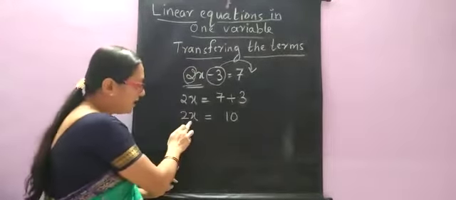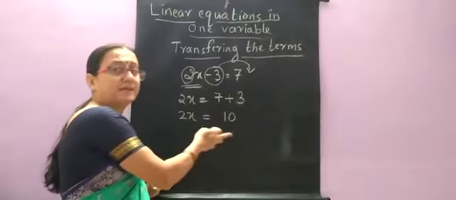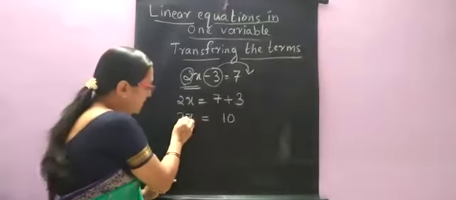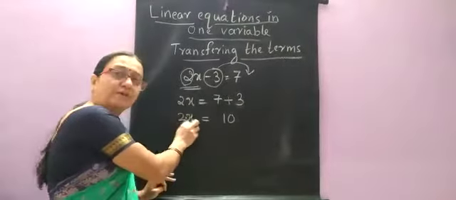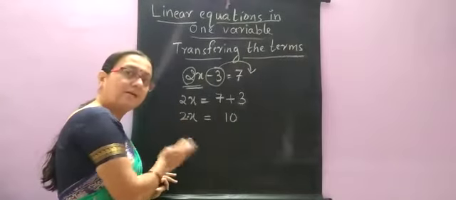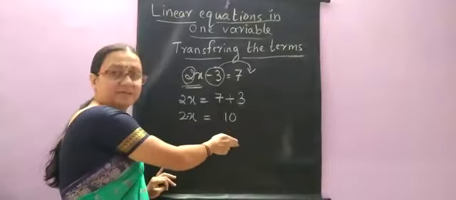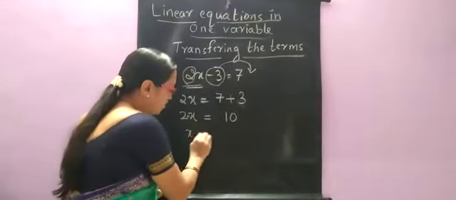Now again I want only x. We don't want this 2 here. So we have to shift it again to the right hand side. It is multiplication here. 2x means 2 into x. So when we shift 2 to the other side, what does it become? It becomes division. So 2 will be shifted down to the division place. So x is equal to, now only x remains.